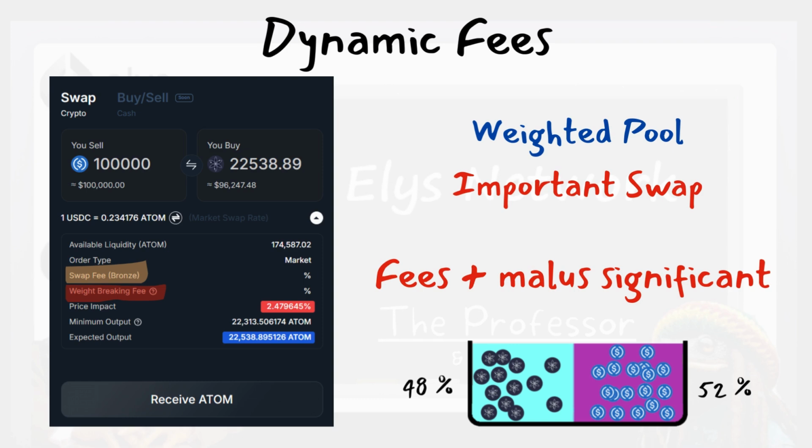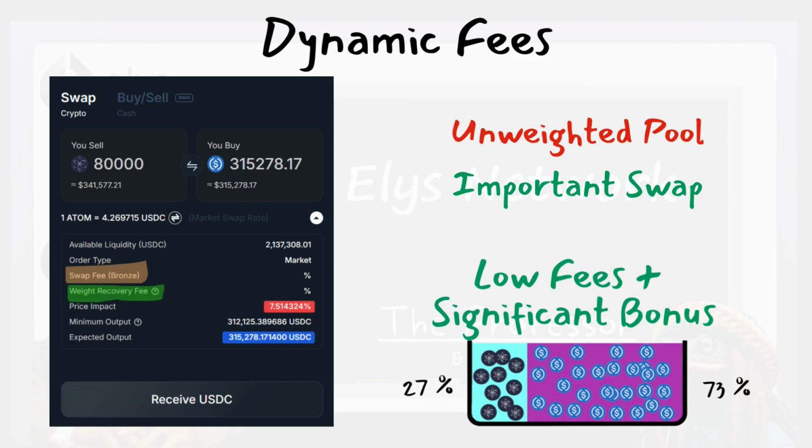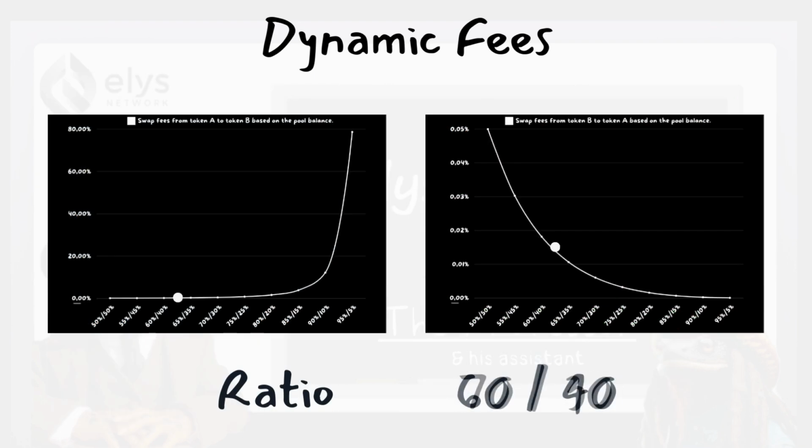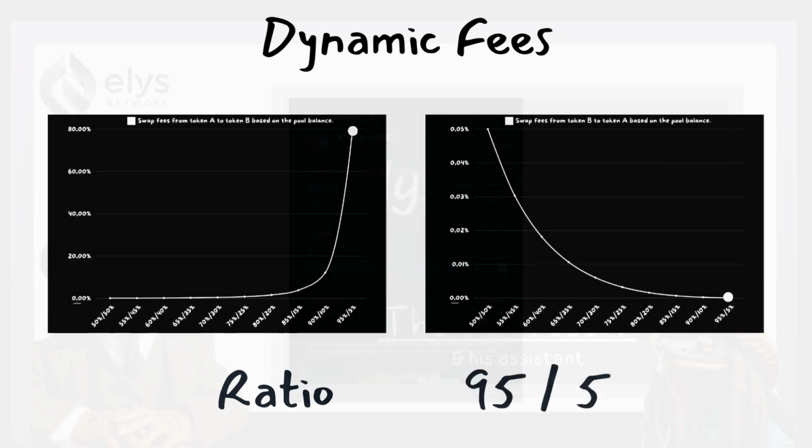However, a swap of 100,000 USDC to Atom significantly aggravates the pool's imbalance and will be penalized by a weight-breaking fee. On the contrary, the swap of Atom for USDC moves towards equilibrium. You deposit Atom and take USDC, and the exchange is rewarded with a weight recovery fee, always in proportion to the value of your swap relative to the pool value and the equilibrium target, in one direction or the other.